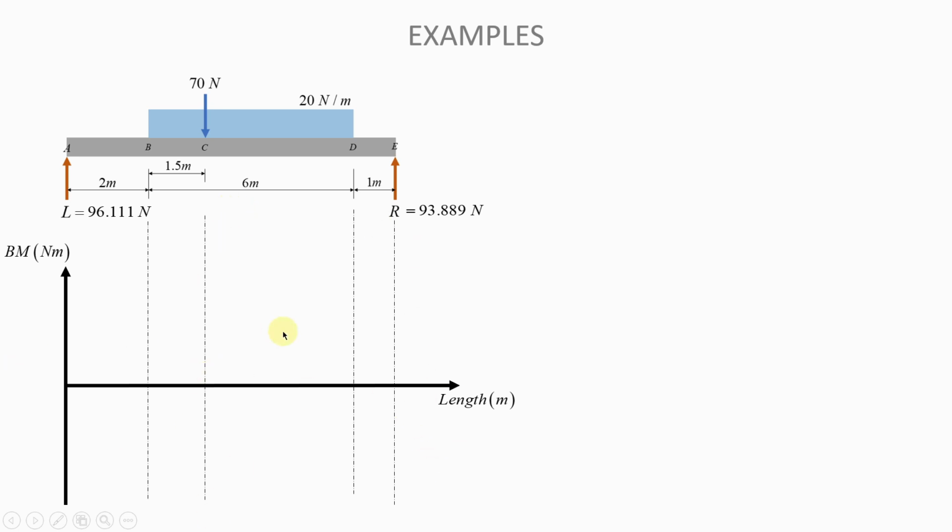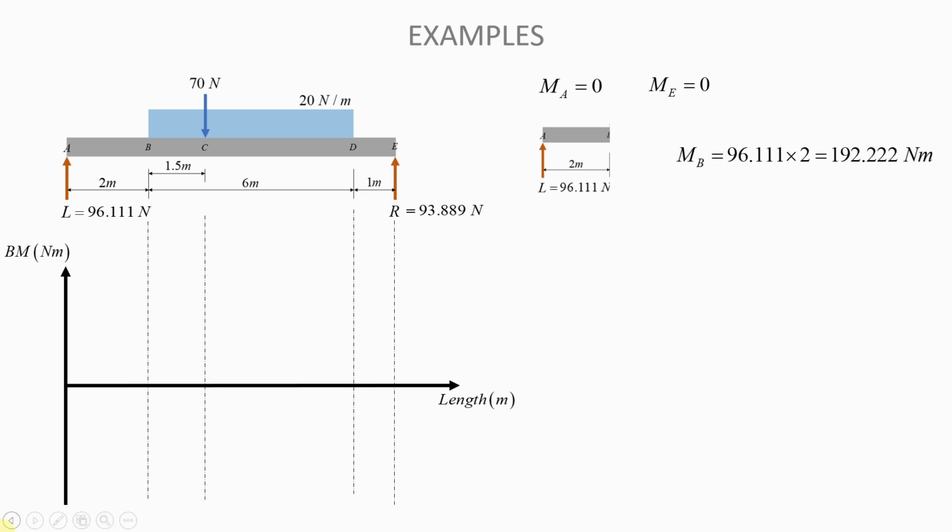And so for the bending moment diagram, you will remember that at the beginning of the beam, the moment is 0, and also at the end of the beam, the moment is 0. Now we will perform our cuts at the points of interest. The first point of interest is point B, and so we need to cut the beam there at B. You can see we've made our cut, and then the sum of moments at the cut, in this case it's a clockwise moment, so it's going to be positive, and it's only the moment of one force.